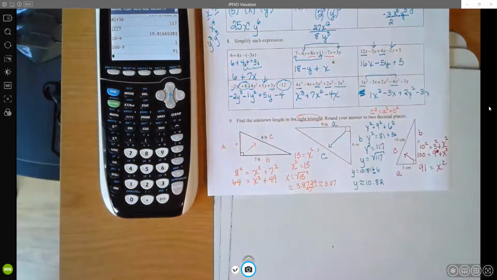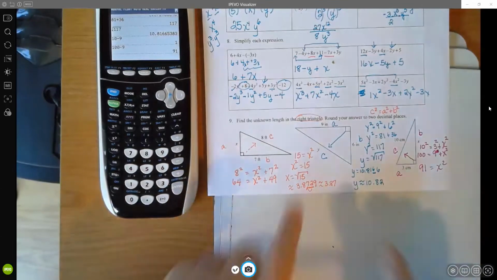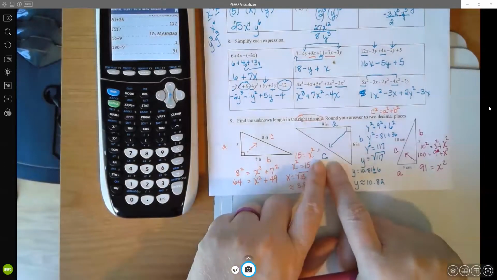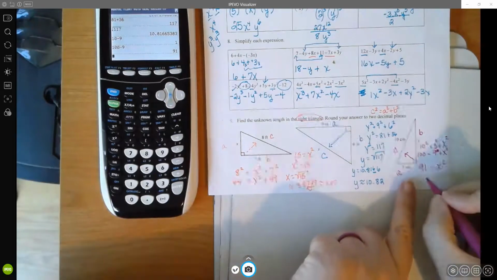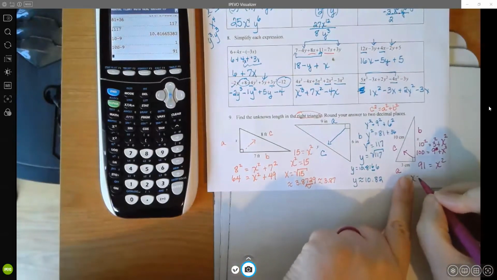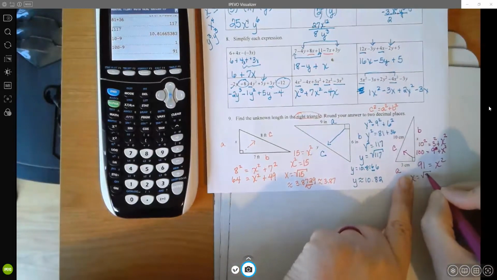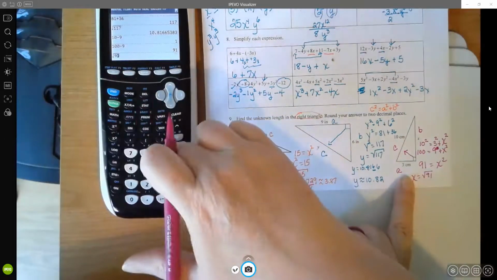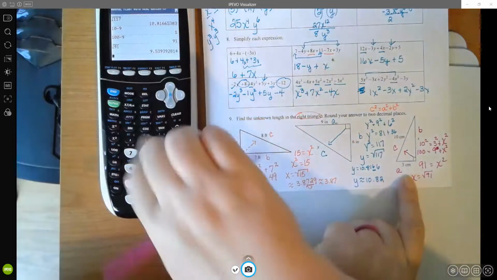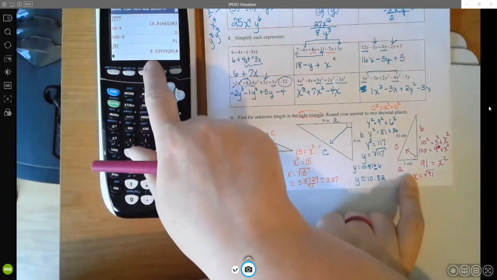When the unknown is a leg, you will subtract. When the unknown is the hypotenuse, the numbers are on the same side and you will add. And then this gives you x equals the square root of 91. I'm going to just use the calculator this time.